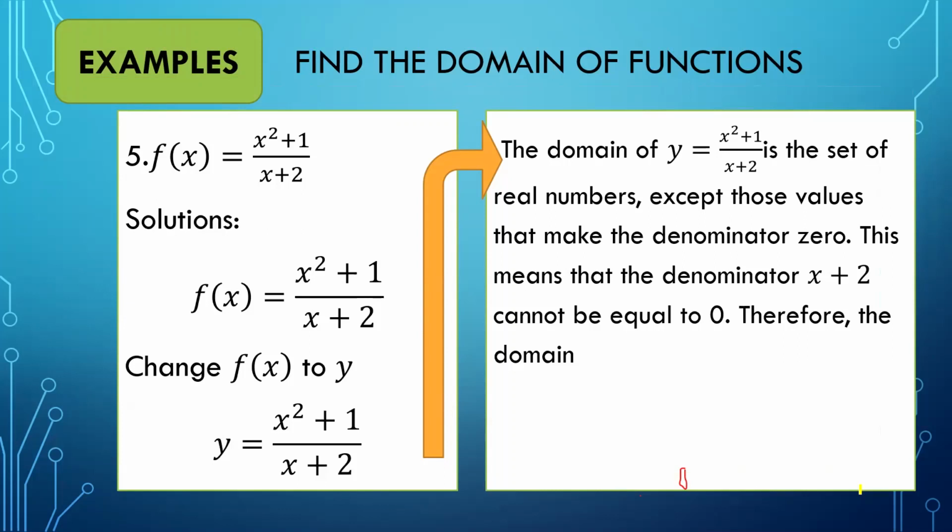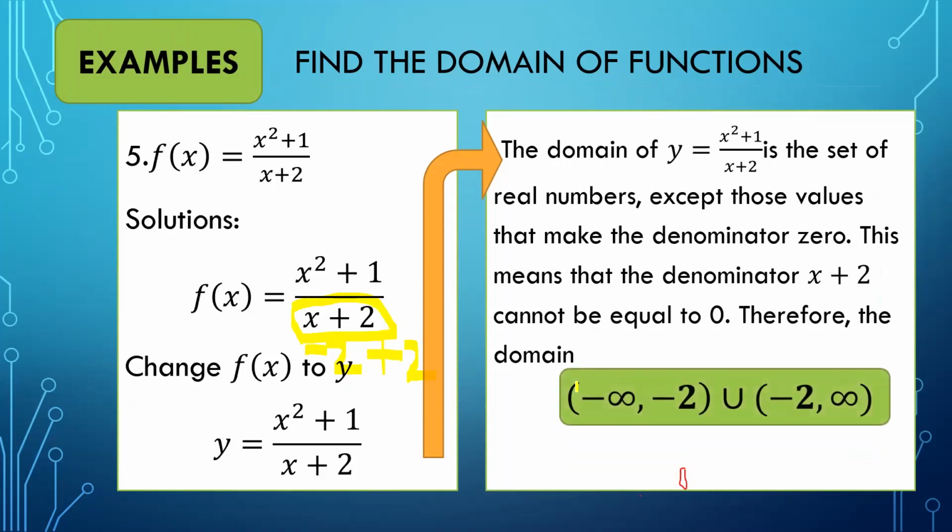So therefore, what number, if we substitute to the denominator x plus 2, will yield 0? So if x is equal to negative 2, negative 2 plus 2 is equal to 0. So therefore, the domain is all real numbers except negative 2.